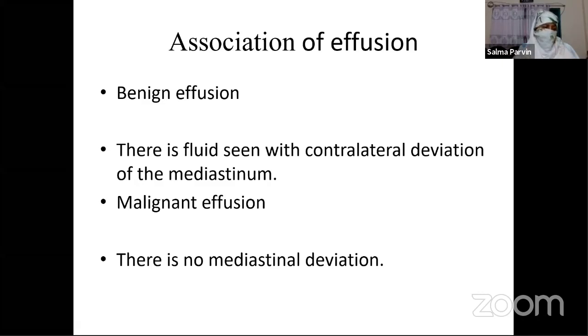And some important information you will get from the association of effusion in collapse or consolidation.